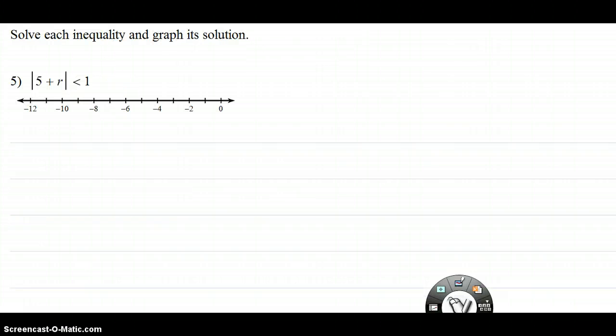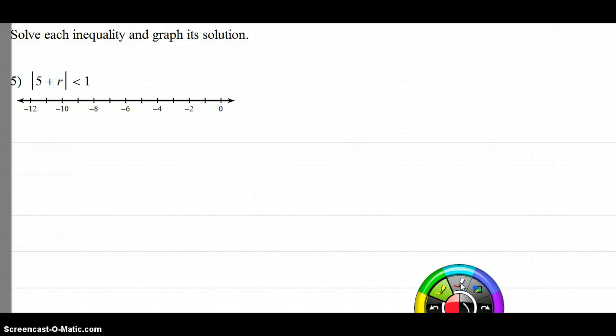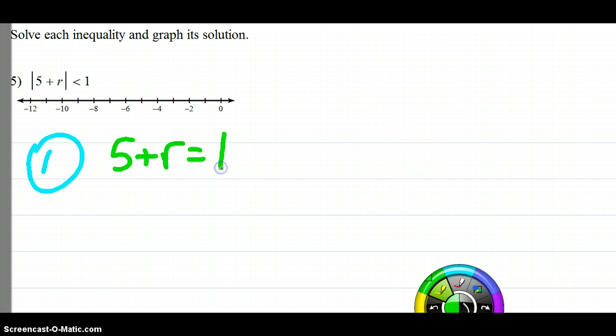The next problem I want to discuss is a continuation on yesterday's problem with solving for absolute value. But notice here we have an inequality. So the first thing to do is to solve for the equals. So we take 5 plus r and make it equal to 1. Remember, that's one of the answers.